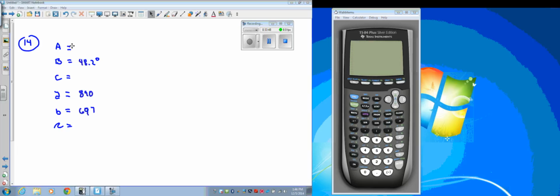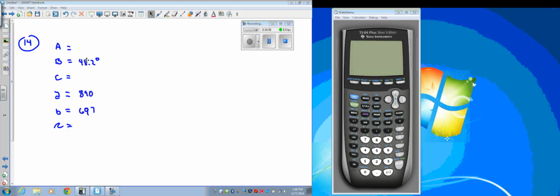You're always going to be given one angle and a couple of sides, or else you'll be given three sides, or else two angles and a side. Well, if you're given two angles and a side, then you're given three angles technically.